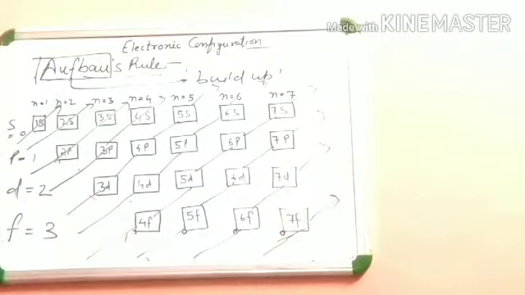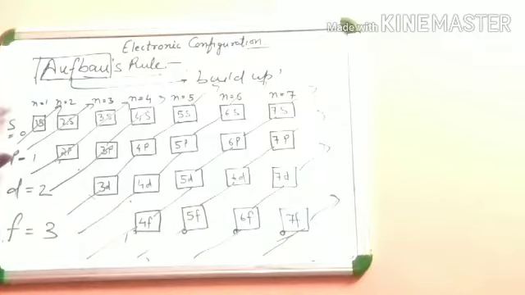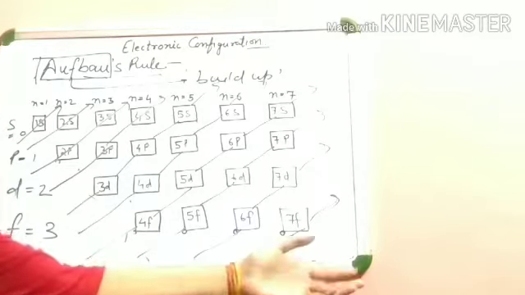Okay, this is the order of energy of orbitals in which the electrons are filled. So first the electron comes in 1s and last in 7f. The least energy orbital is 1s and the maximum energy is of 7f.